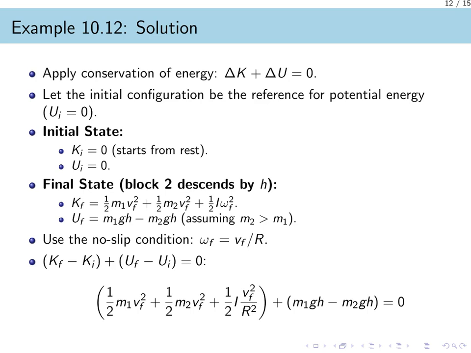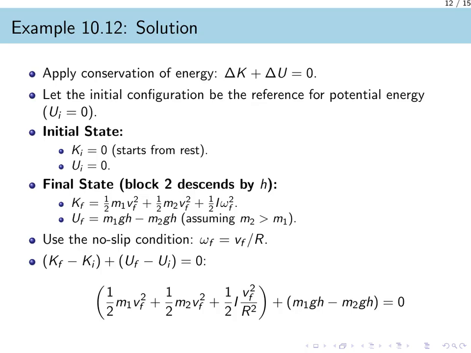Next, we look at the final state, after block 2 has descended a distance, h. The final kinetic energy is the sum of 3 parts: the translational kinetic energy for block 1, the translational kinetic energy for block 2, and the rotational kinetic energy of the massive pulley. For the potential energy, block 1 has risen by h, increasing its energy, while block 2 has fallen by h, decreasing its energy.